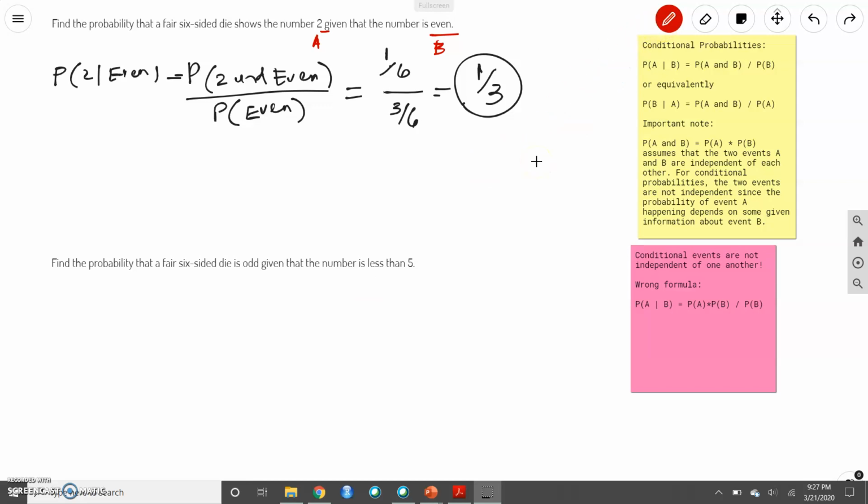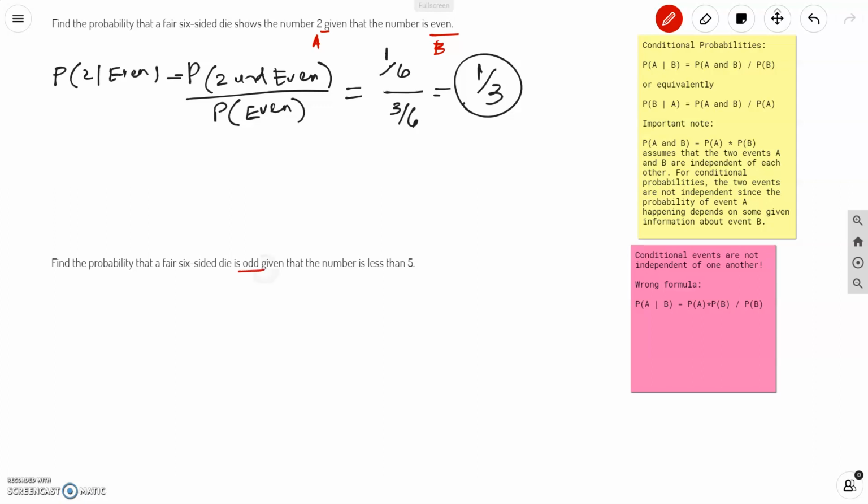So again, I'm going to go ahead and define what my events A and B are. Let's say that the event that the number is odd, we'll call event A. And the event that the number is less than 5, which is our given information, we'll call event B. So again, we can just replace A and B with odd and less than 5.